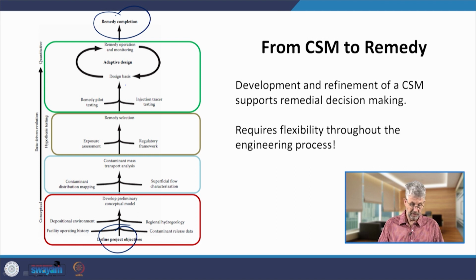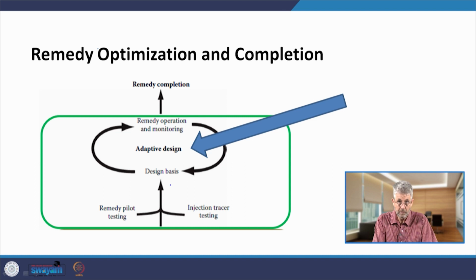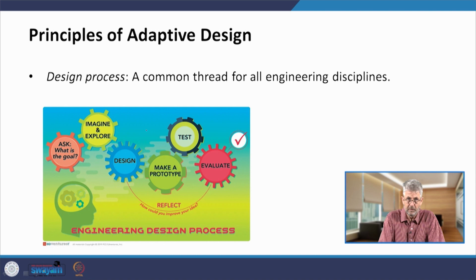And this is the topic of today's lecture, where we're focusing basically on this upper box here, the remedy optimization and completion process. And in particular, here we're talking about the adaptive design. So, principles of adaptive design.